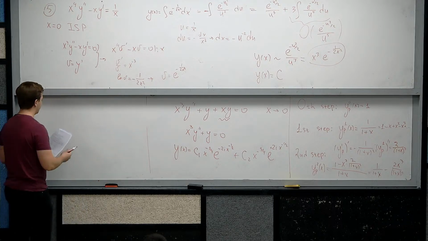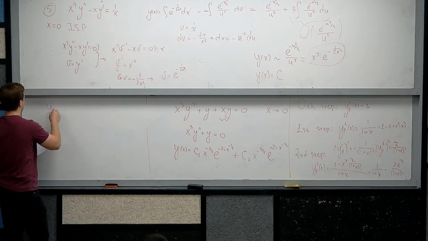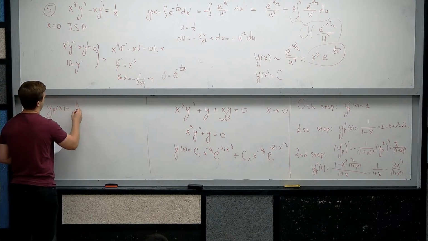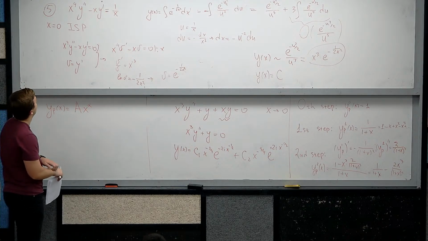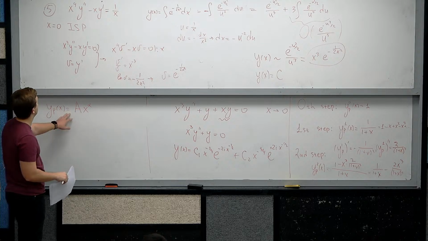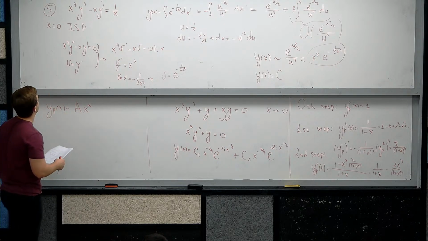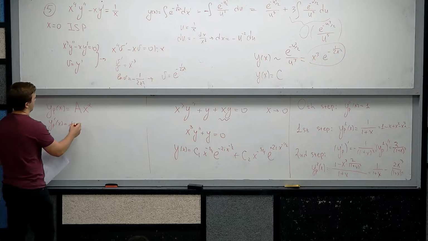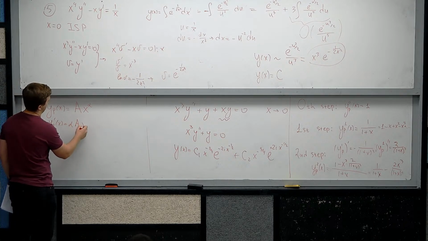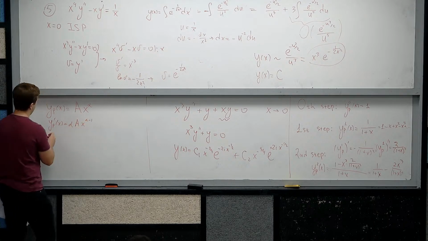The particular solution will have a simple form. Let's try this. When we plug this into the equation, y prime of x is like alpha a x to the alpha minus 1.